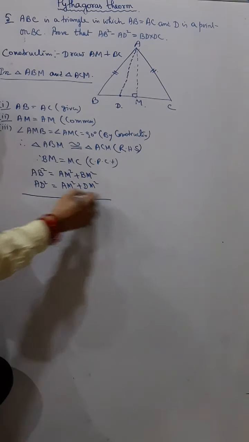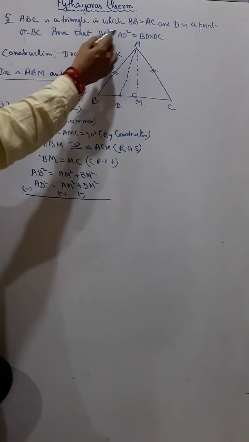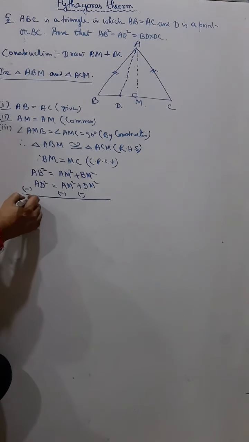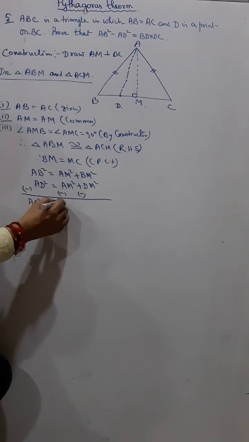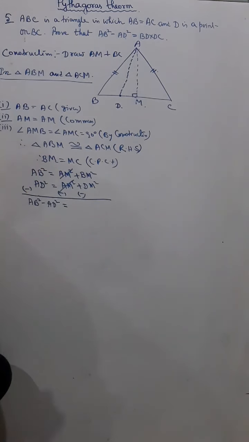Now if I subtract them, because we require AB square minus AD square, then you can see AM square getting cancelled.